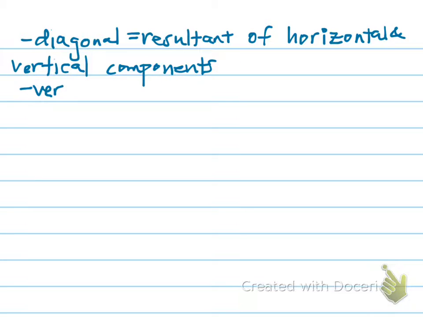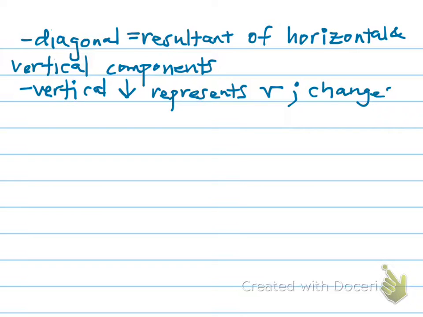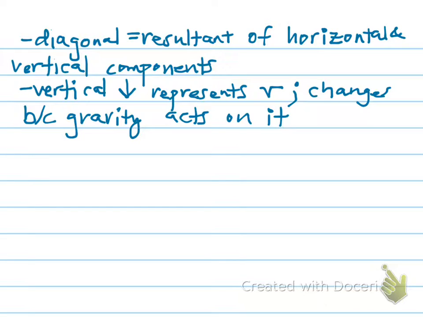The vertical component, that arrow represents our velocity, and it changes because gravity acts on it. Gravity is accelerating it or decelerating it as it's moving upward.